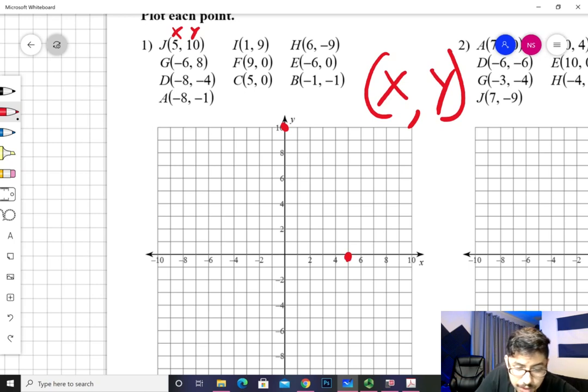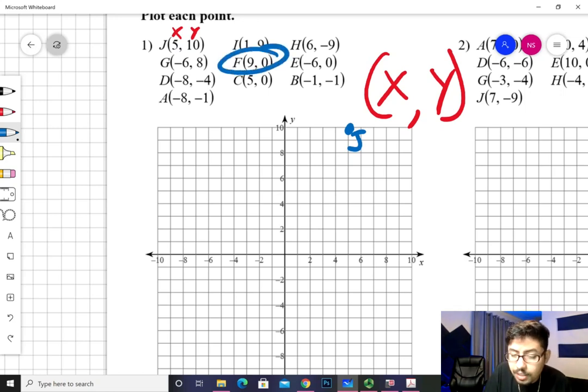What you just have to do is pinpoint them. This one if we go this way, this one if we go this way, we eventually hit, boom, right there. That, my friends, is your point J. Does that make sense?